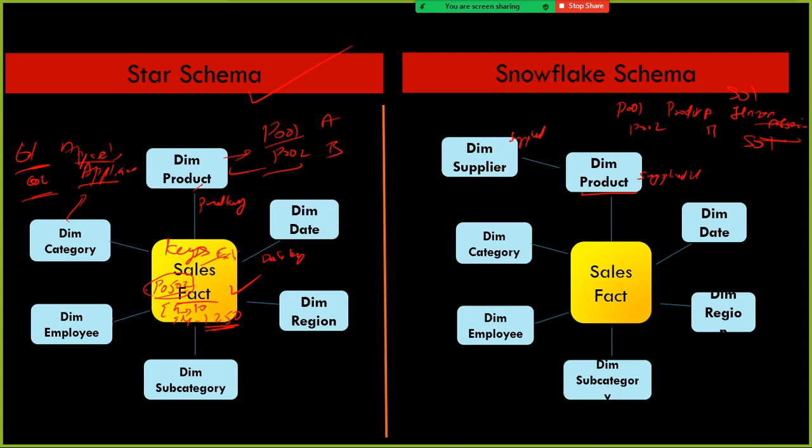The advantage is that it uses smaller disk space, since we are splitting and storing the data in different tables. It is easy to add a dimension to the schema. Because we don't store the data redundantly, the query performance can also be better.